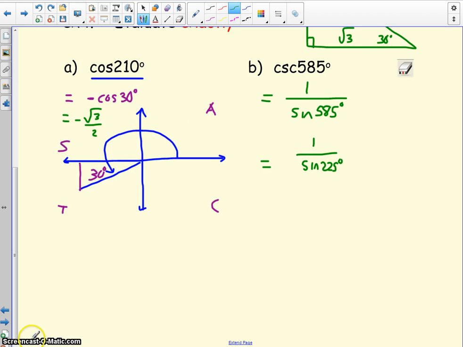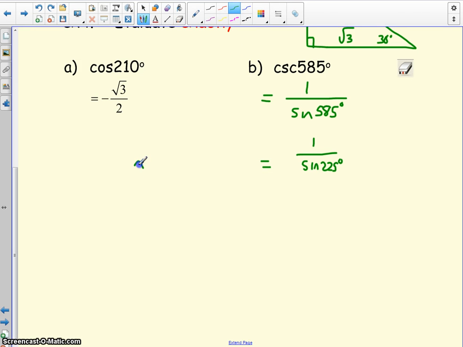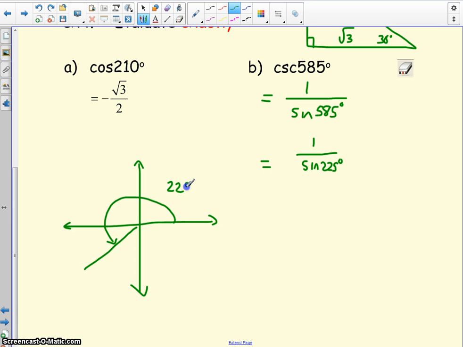So let's make the sketch down here. Okay, so here's my sketch. 225 degrees is in quadrant 3. It's between 180 and 270. So that's 225 degrees. If you stop to figure out your alpha, you'll see that it is going to be 45 degrees, since it's going from 180 to 225.